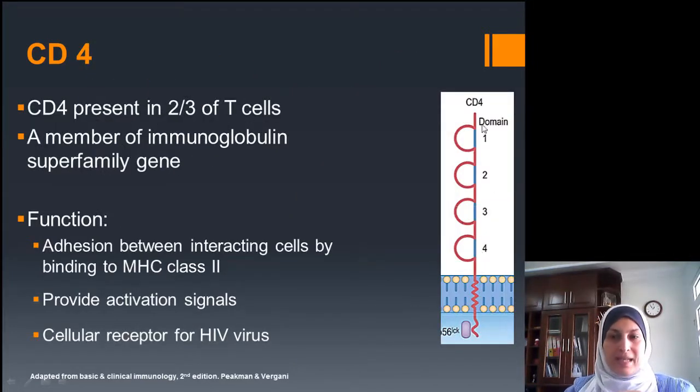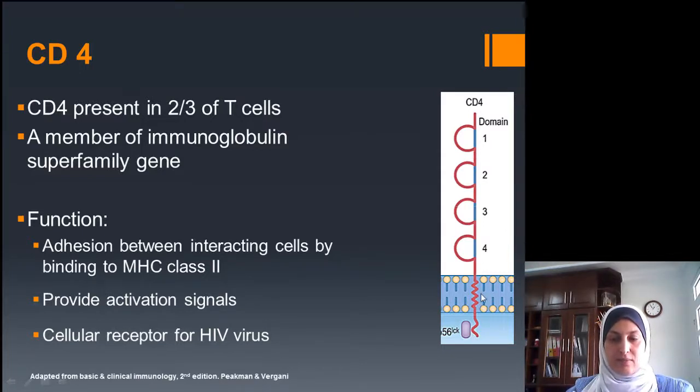CD4, as we know, is present on the surface of the T cell membrane, and it is one of the immunoglobulin superfamily genes, so it has very similar structures. We can see here the 4 domains, so it is just one single chain with 4 domains, and here the transmembrane region.